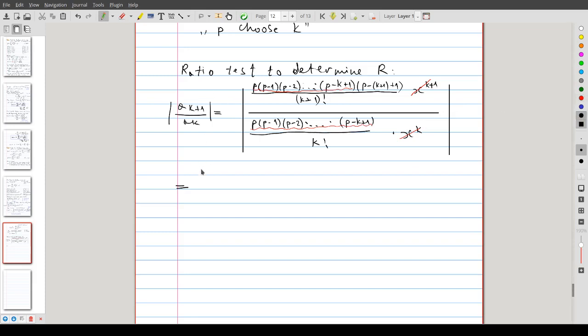So the first step will be to rewrite this as (p minus k) for this numerator divided by (k plus 1) factorial multiplied with x. So this is the numerator after cancellation, and then divided by 1 over k factorial. Everything else in the denominator has cancelled.